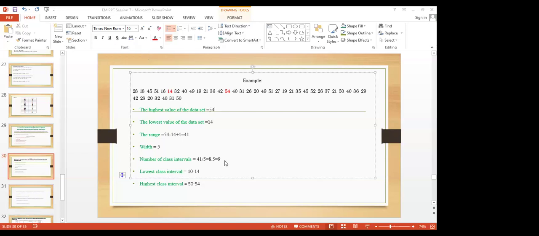Shall we assume that, if the value for the number of class intervals you obtain is 8.1, can we assume it as 9 or 8?